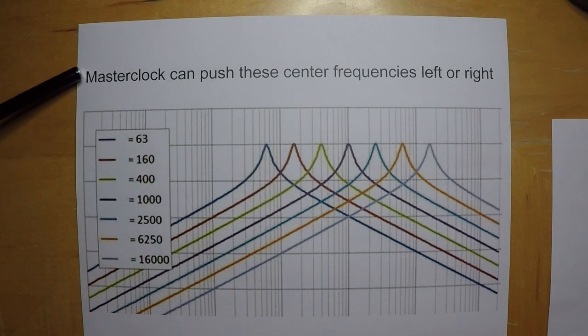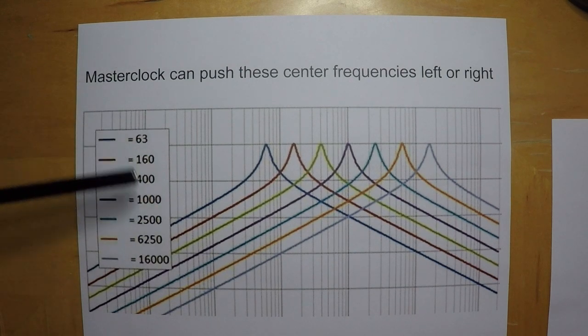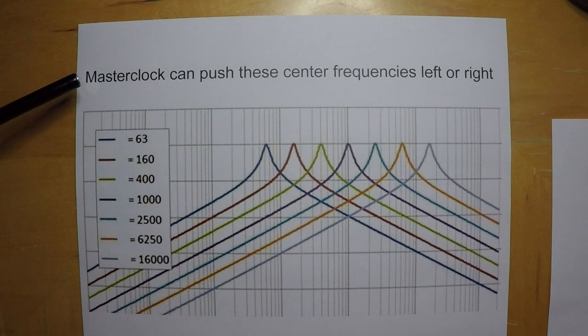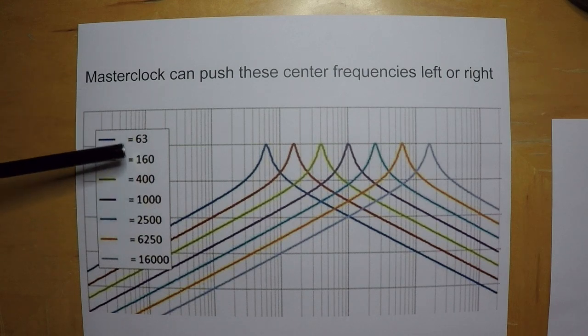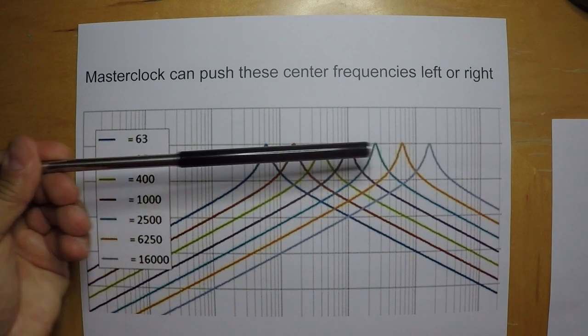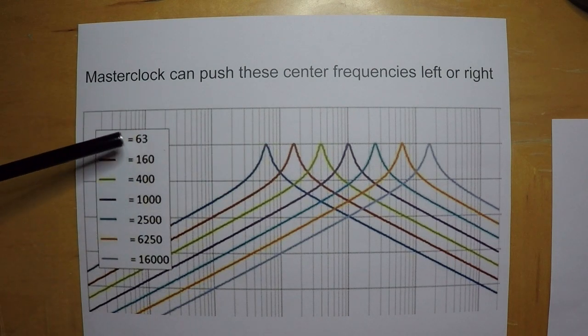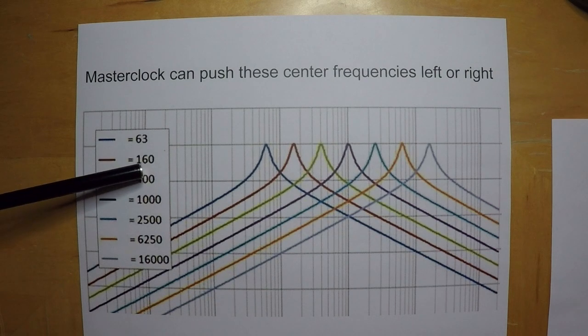So this is with a known master clock of X. If we had a second chip, we would send a different clock rate to the second chip, and then we would shift all these frequencies left. And the first frequency might be 30 hertz, and the second one might be 100. Okay.